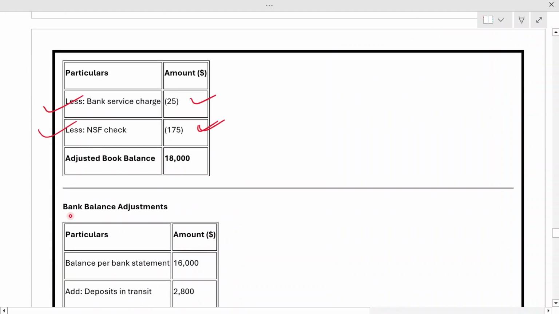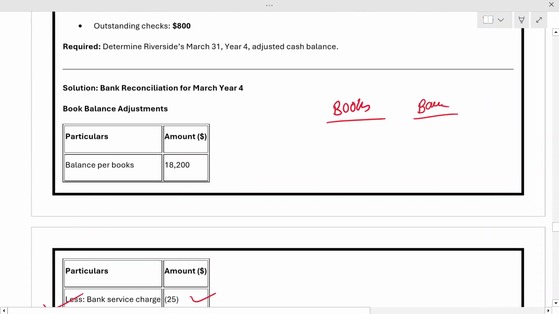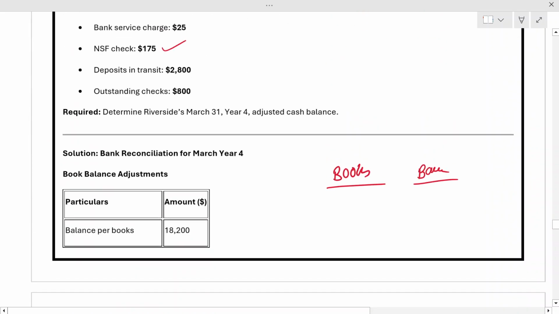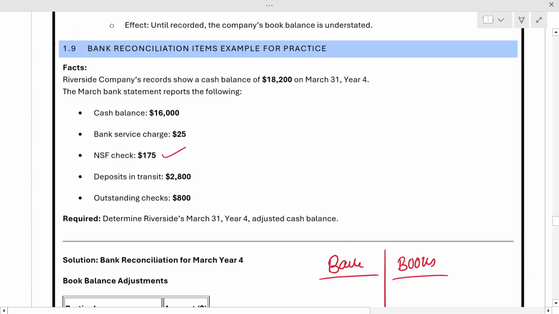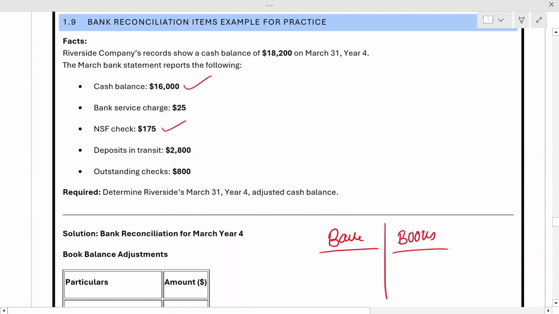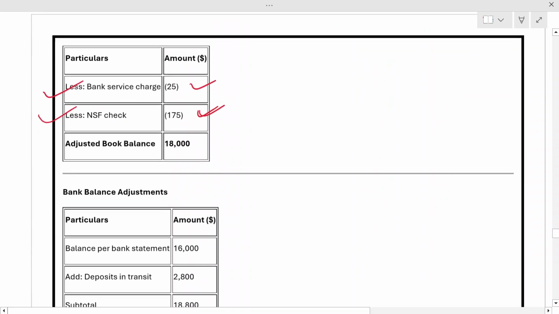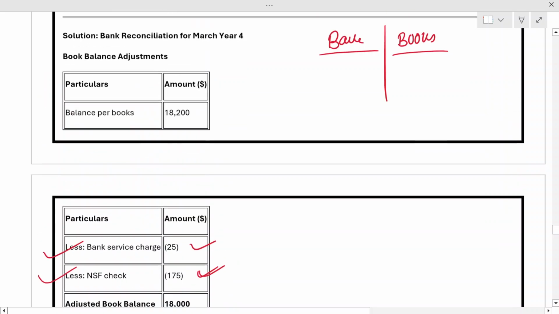Now we will be using the bank balance adjustments. When we start with the bank balance, we need to write bank first, and then we will write our books here. What is the balance in our bank? The bank had a balance of 16,000, so we start with 16,000 here.